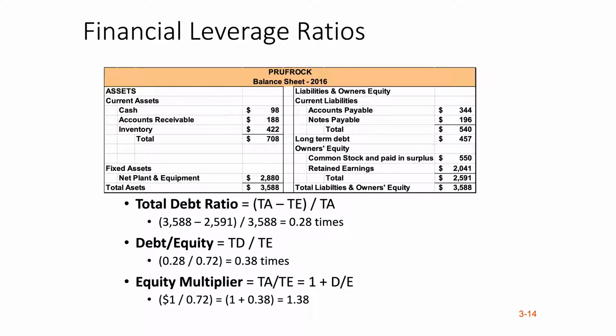It is total debt divided by total equity. So in this case, it's 0.38. So you're using 540 plus 457 divided by 2591, which is 0.38.